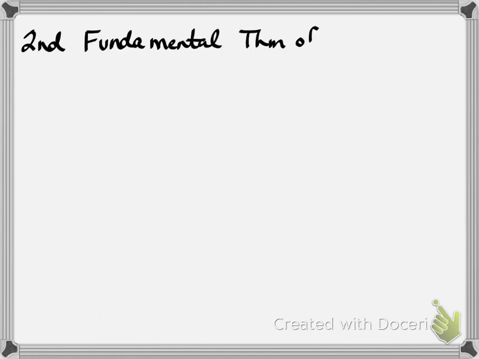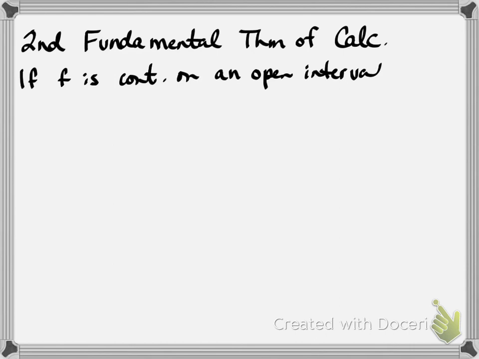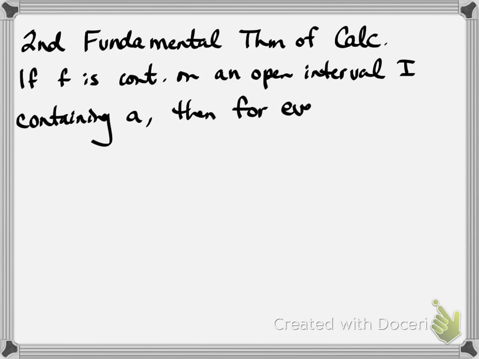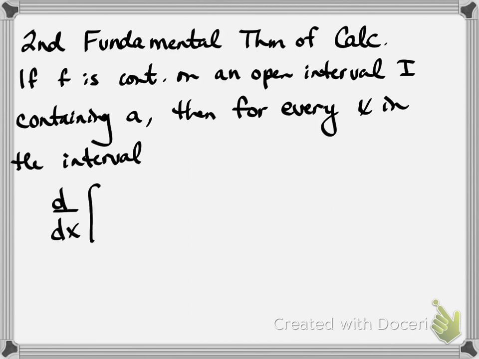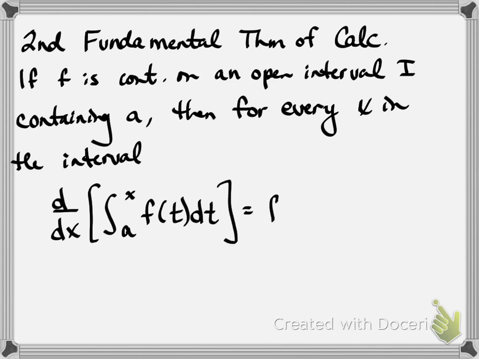Second fundamental theorem of calculus says if f is continuous on an open interval I containing a, then for every x in the interval, the derivative with respect to x of the integral from a to x of f of t dt is equal to f of x. So there's 3 conditions that have to happen.